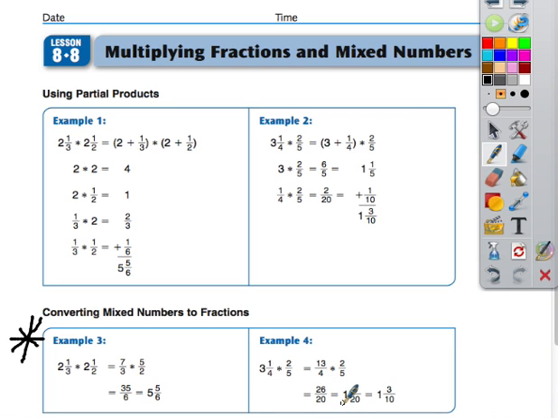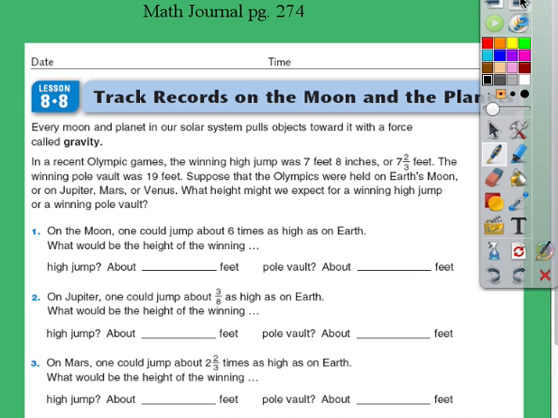How many times does 20 go into 26 without going over? 1 time. 1 times 20 is 20. We need to get to 26, so that's 6 more. So 1 6/20ths, which could also be reduced because they're both even. So dividing each by 2, 6 divided by 2 is 3. 20 divided by 2 is 10. So remember, getting it into improper fraction, multiplying straight across, then simplifying.